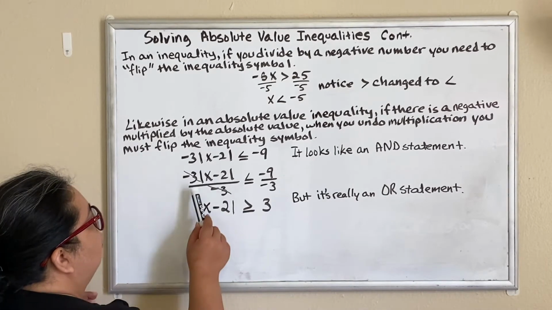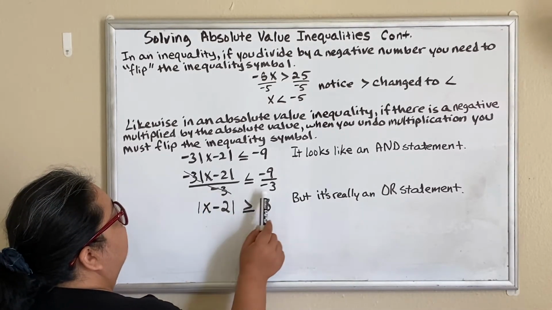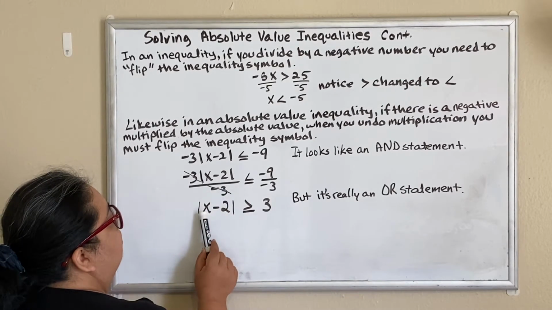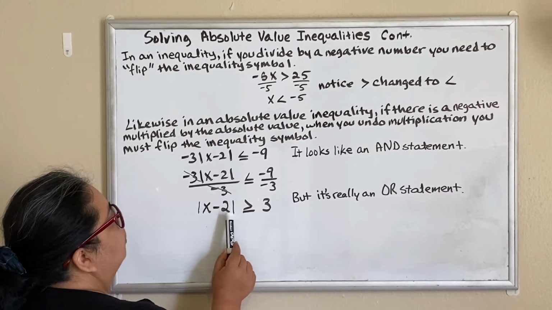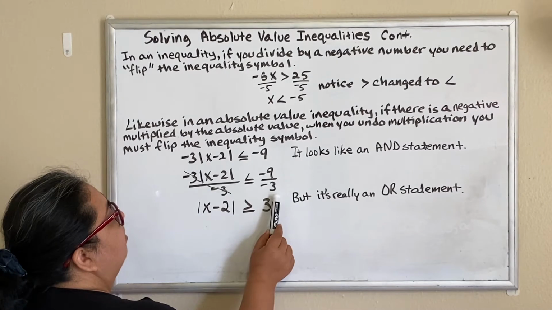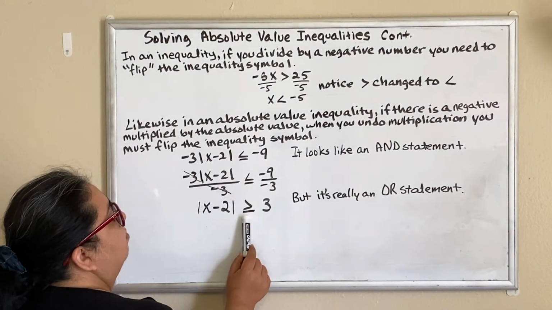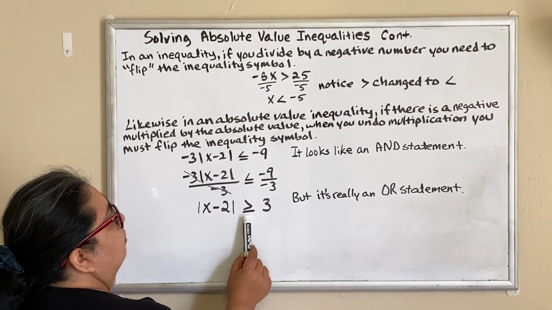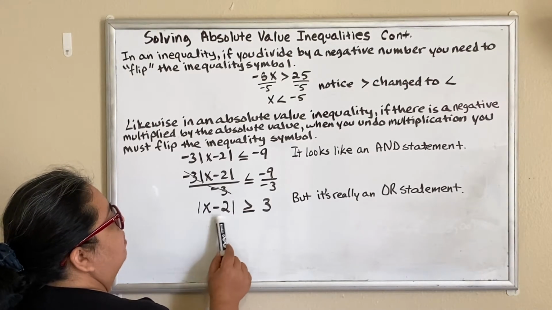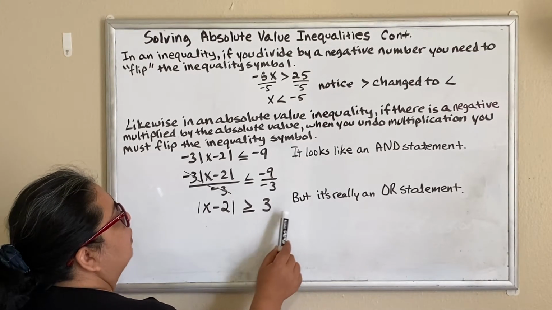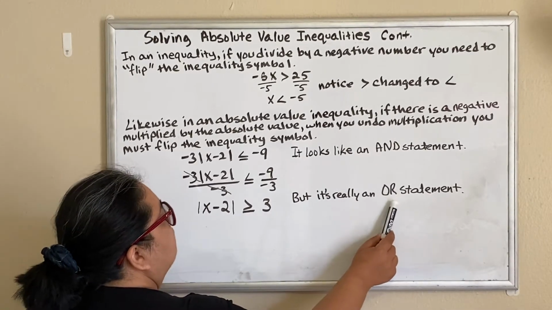However, when we divide by the negative 3 on both sides, that eliminates the negative 3, so we're left with the absolute value of x minus 2, but when we divided by that negative 3, the less than or equal to symbol flipped to a greater than or equal to symbol, so we get the absolute value of x minus 2 is greater than or equal to 3. So it's really an "or" statement.